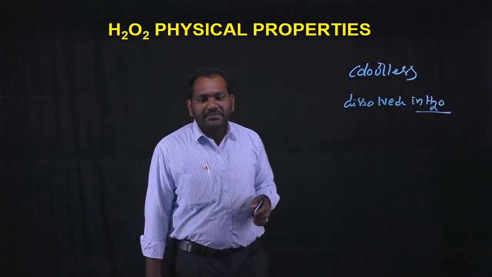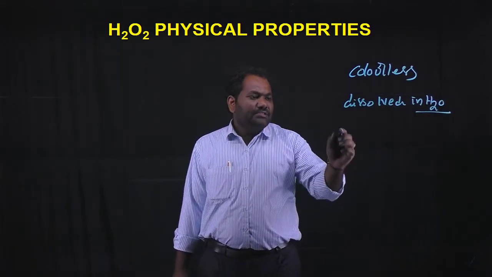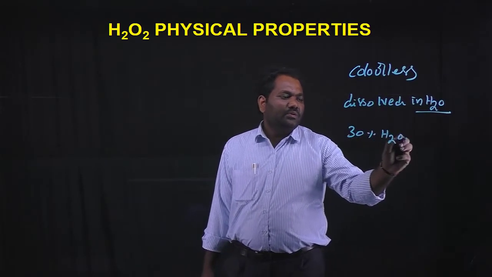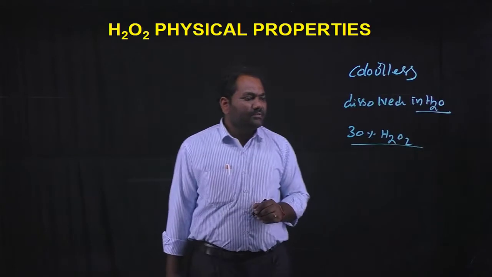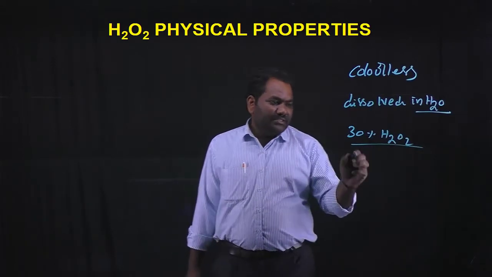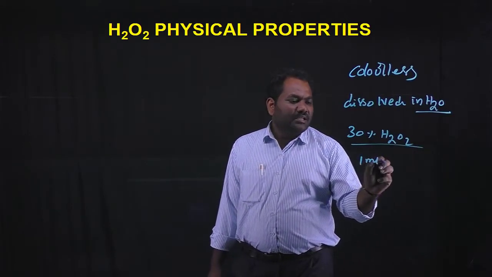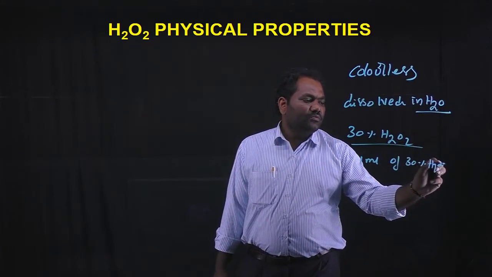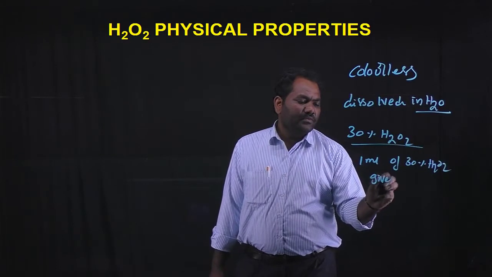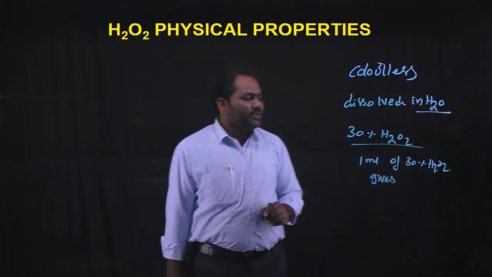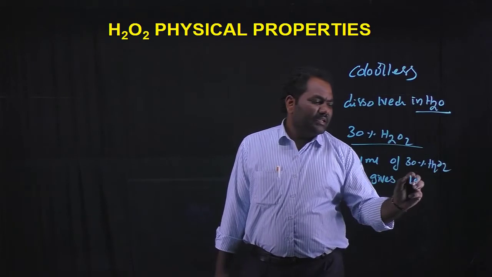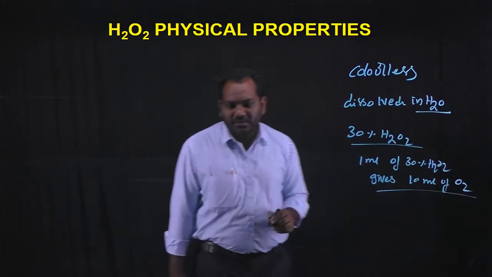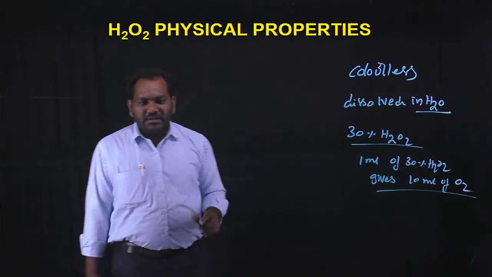In the market, 30% H2O2 is available. It means 1 ml of 30% H2O2 gives 10 ml of O2.